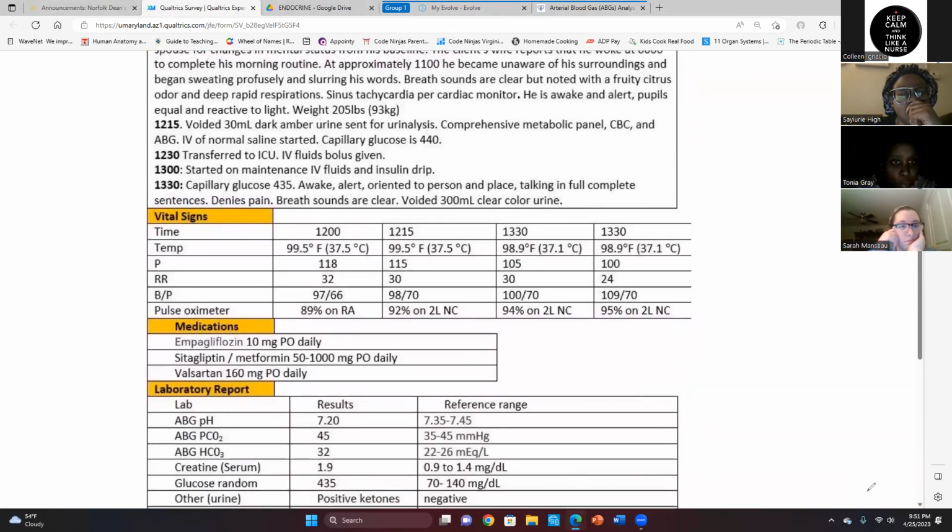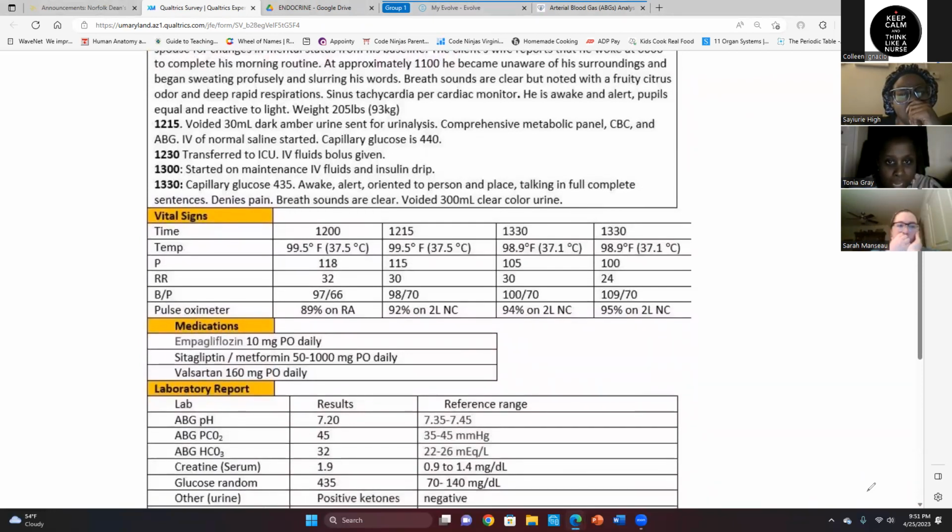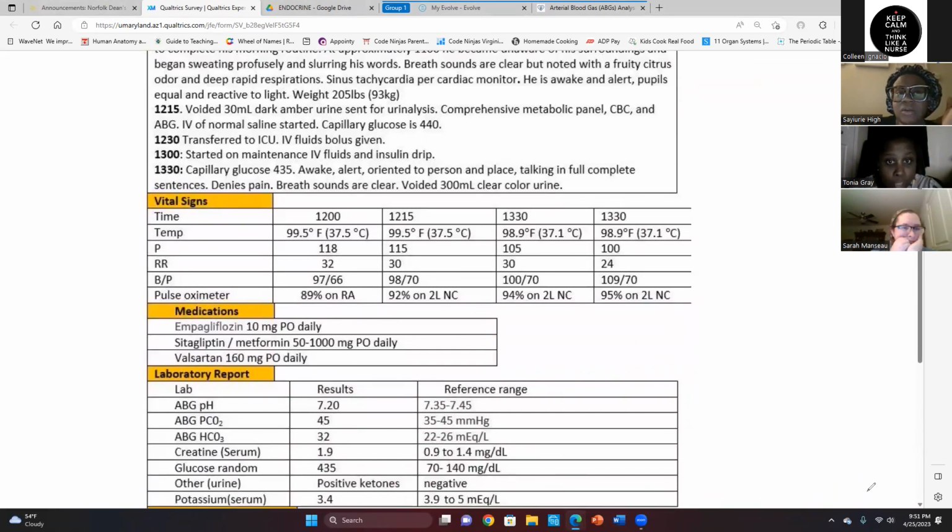Awake, alert, oriented to person and place, talking in full complete sentences, denies pain, breath sounds are clear, voided 300 milliliters clear urine. The vital signs as of 1330 were temperature 98, pulse 105, respiration 30, blood pressure 100/70, and pulse ox was 94% on 2 liters nasal cannula.